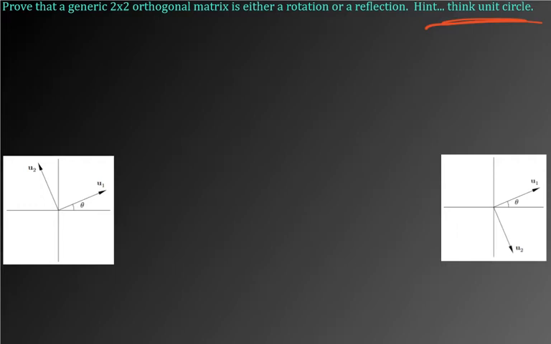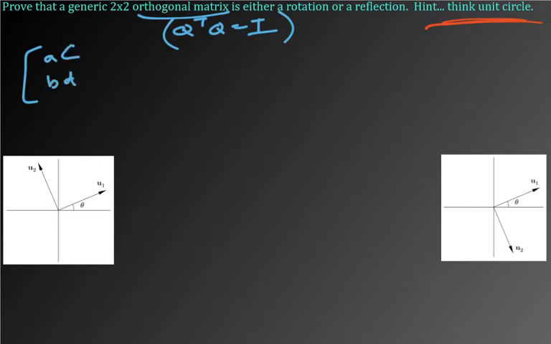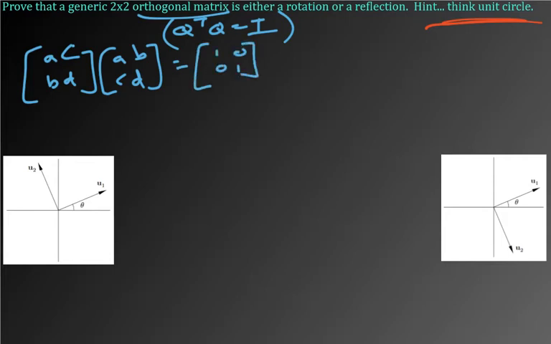So the idea here is, an orthogonal matrix is one where Q transpose Q equals the identity, right? And I'm just going to use that idea. If I have A, C, B, D as my Q transpose, and I multiply it by A, B, C, D, it should be equal to the identity if it's orthogonal.